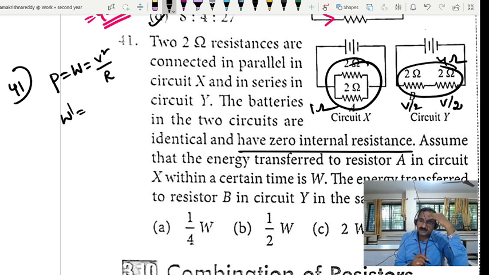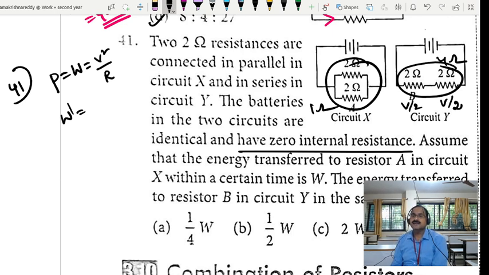So now what do we get for W dash, that we have to focus on. In the first case, remember that power is equal to V square divided by R. In the second case, W dash, we have to focus on the resistance.